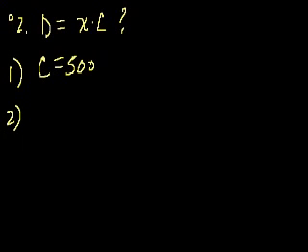Statement 2. 60 more cars were sold than expected, so the total amount actually donated was $28,000. Interesting. So essentially, 500 were expected to be sold, and 60 more were sold than expected.